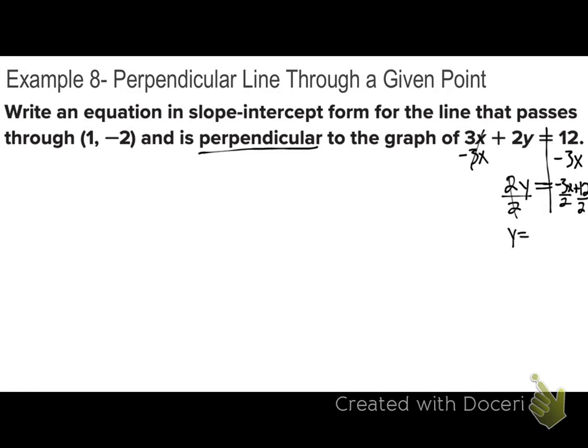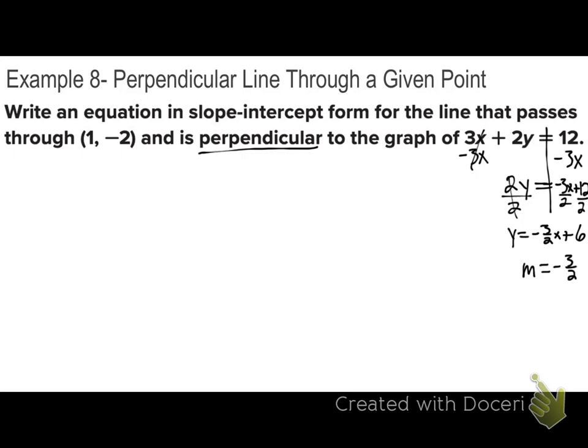Will negative 3x over 2 simplify? No. So negative 3 halves x. 12 divided by 2 gives me 6. This is now slope-intercept form, correct? So what is the slope of this line that I'm given? Negative 3 over 2.